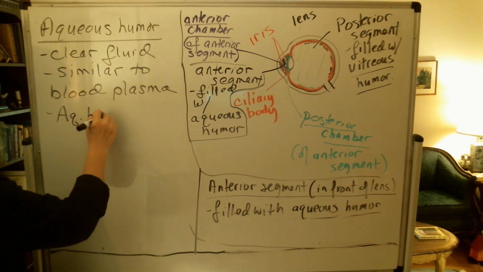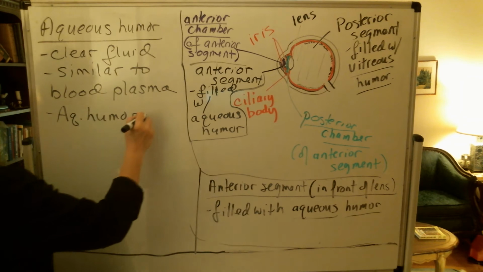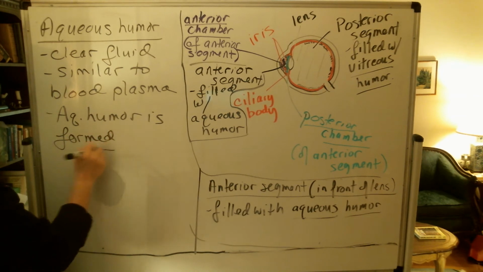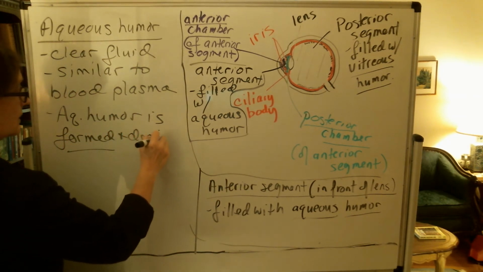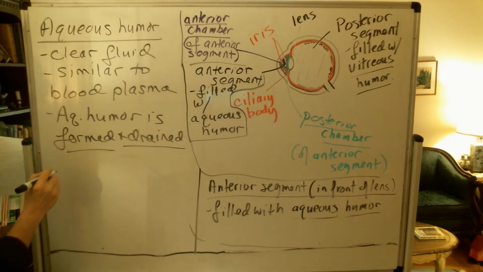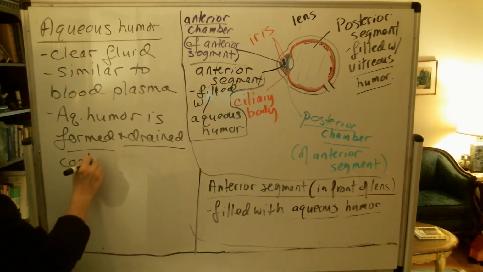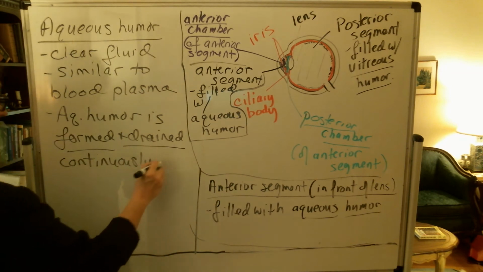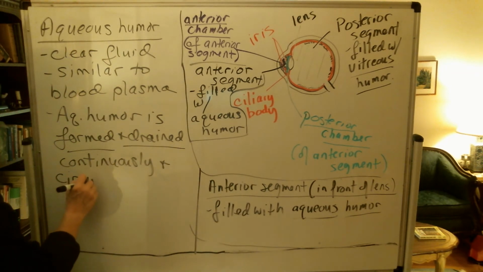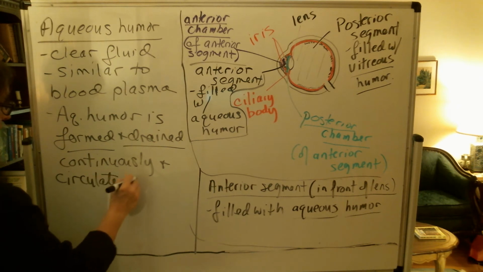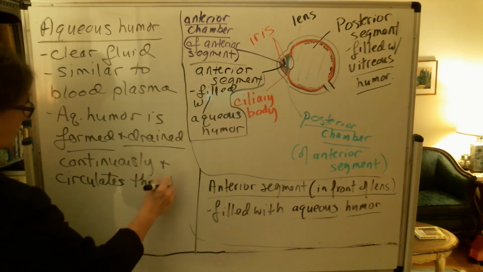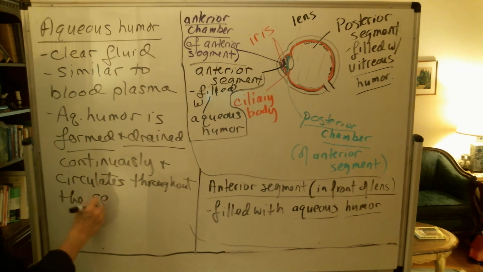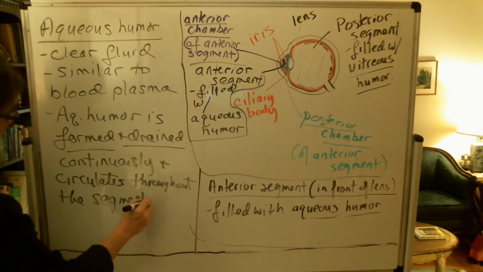So the aqueous humor then is formed and drained continuously, and it circulates throughout the segment.